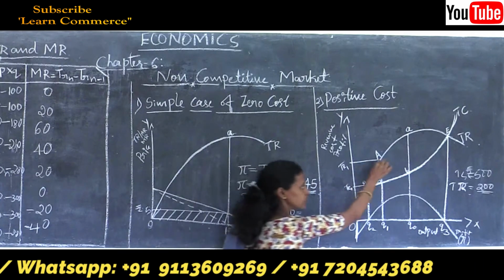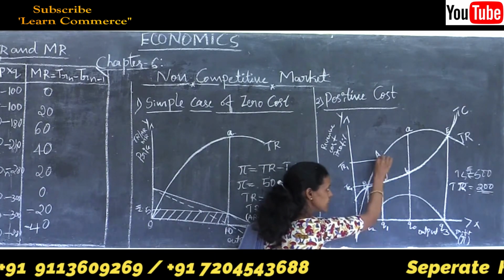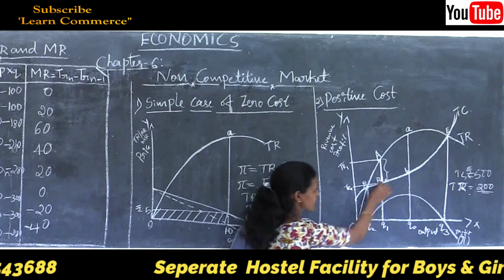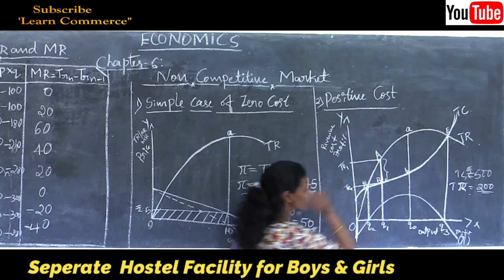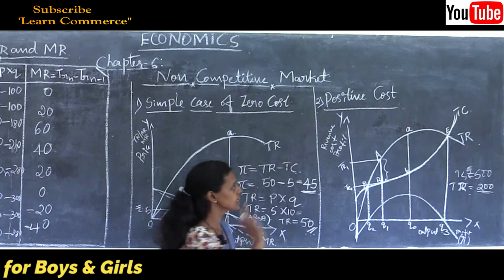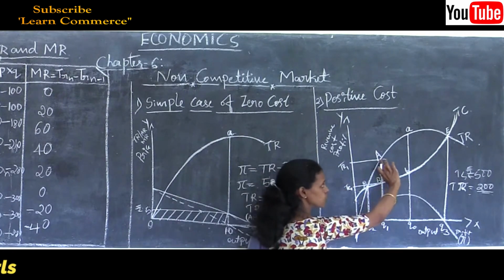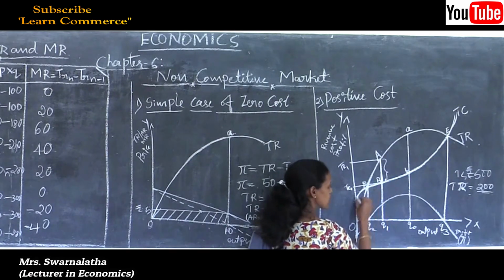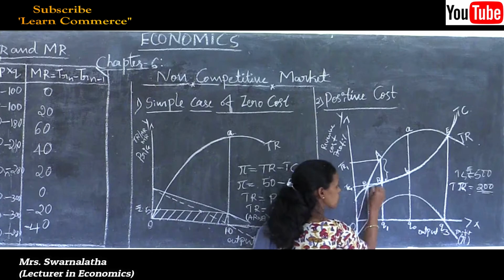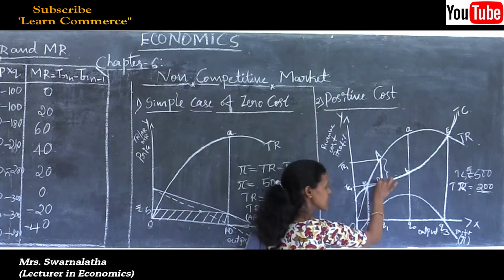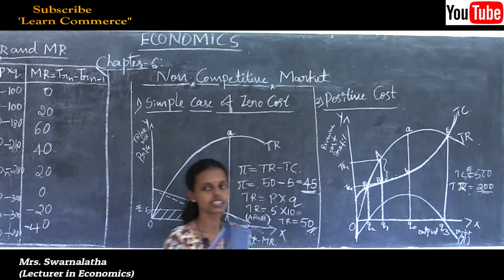The A to B vertical distance you can see shows that here profits are not maximum. Here there is some gap, which shows that the total revenue curve lies above the total cost curve. Total revenue is more, total cost is less, yet it is still not earning the maximum profit.